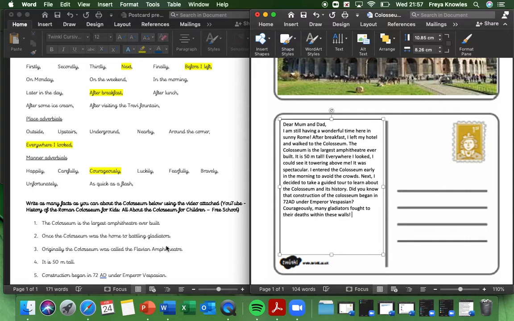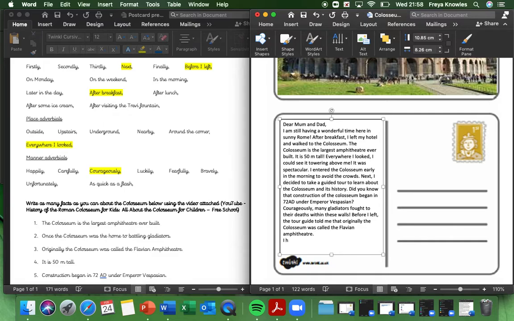So we've got now just one fact and one fronted adverbial. Before I left, the tour guide told me that originally the Colosseum was called the Flavian Amphitheatre.